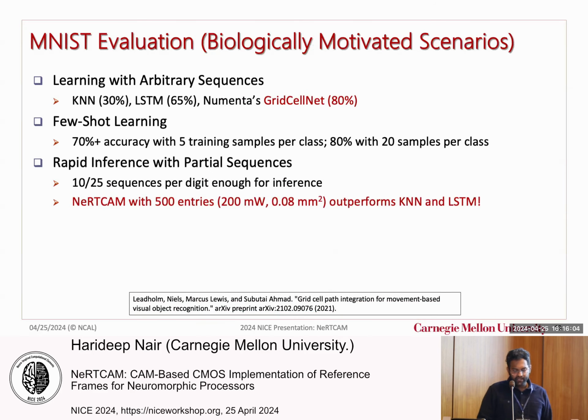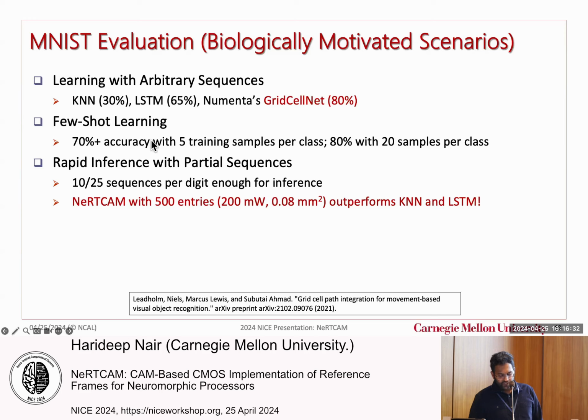So relying on the MNIST evaluation that the baseline work has done, there are a few interesting aspects about this. One is the ability to learn with arbitrary sequences, where Numenta has shown that a network that models the grid cells and place cells can significantly outperform the other more deep learning oriented algorithms.